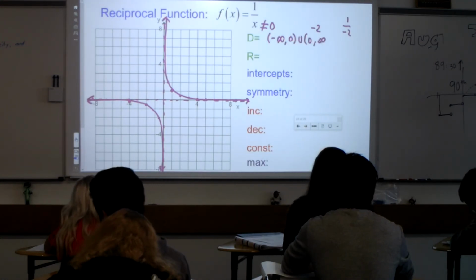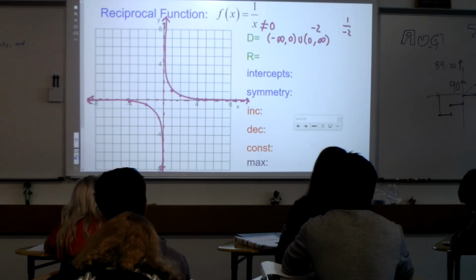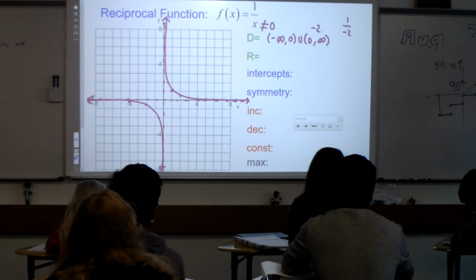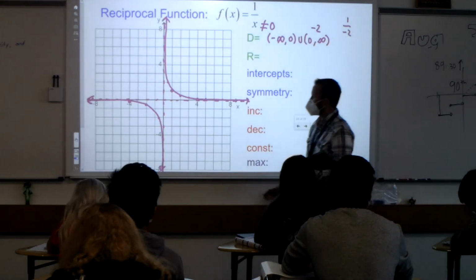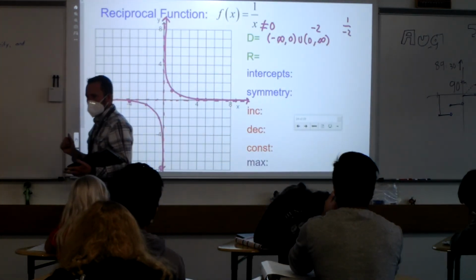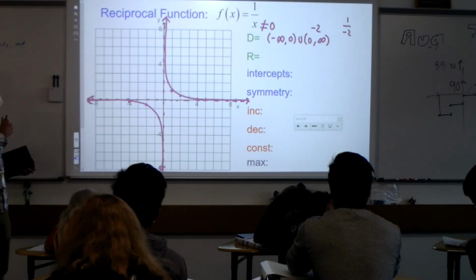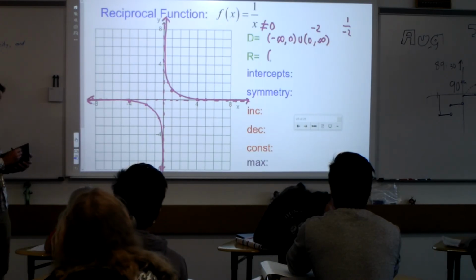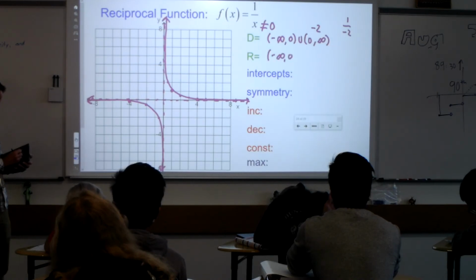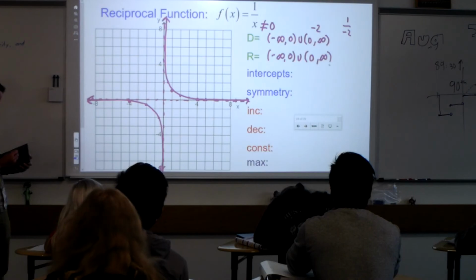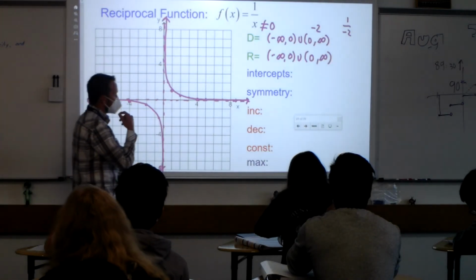So basically, it's everything except what? X can't be 0. There you go. Because we've got that vertical asymptote here. X can't be 0. What about the range, guys? Same thing, except this time y can't be 0. So notice with the 0 here, we're doing parentheses because we're not containing that one. Okay, good job. That's domain and range.